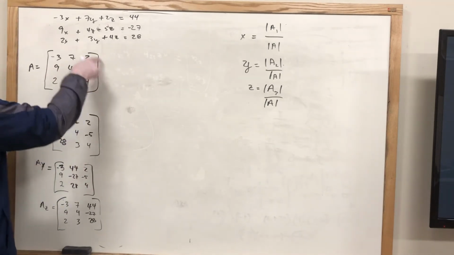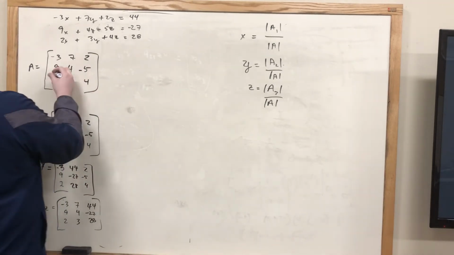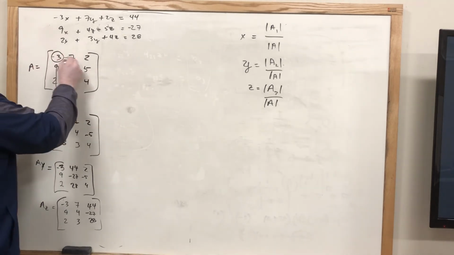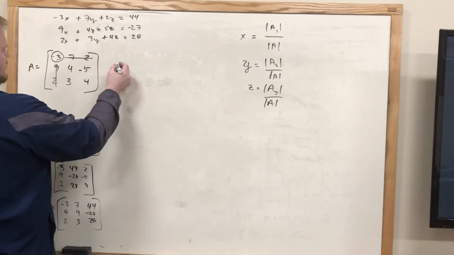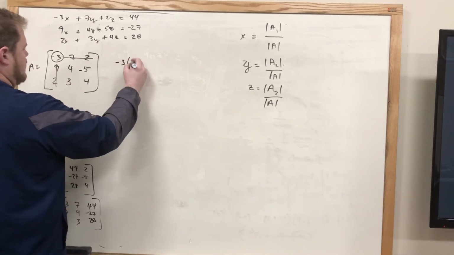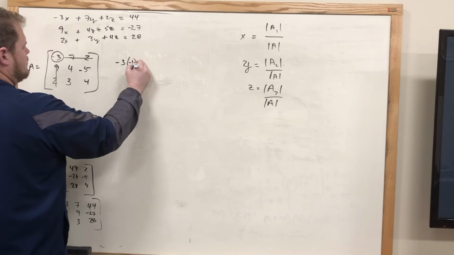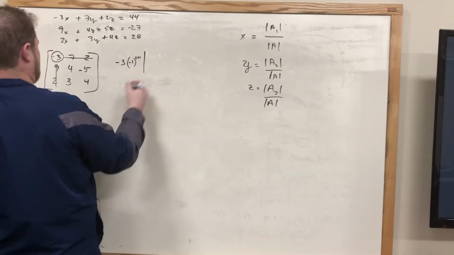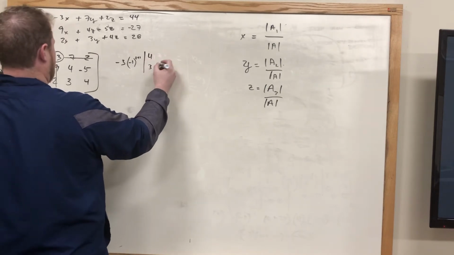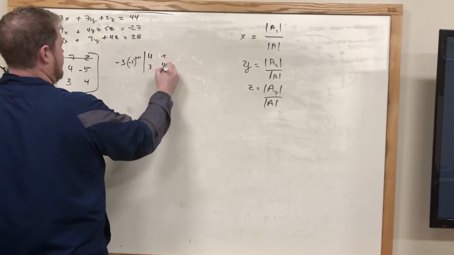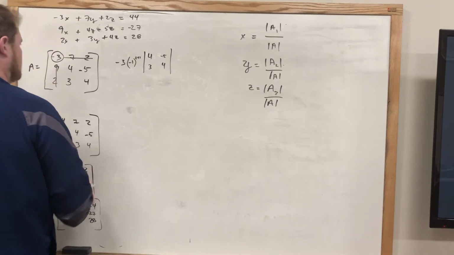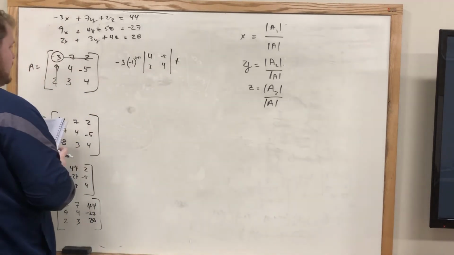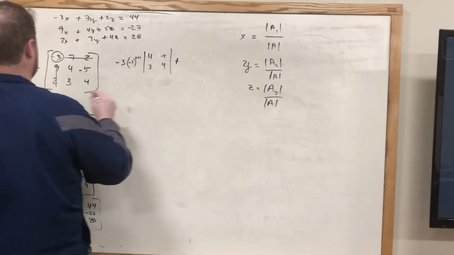All right, so if I want to find the determinant of this one, if I picked down and over, it's going to be negative 3, negative 1 to the 1 plus 1, 4, 3, negative 5, and 4, plus. And then we're going to pick 7.